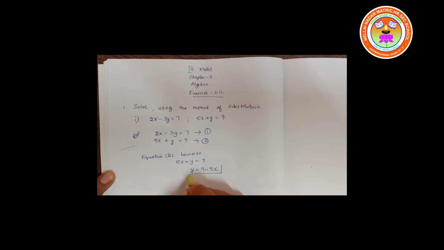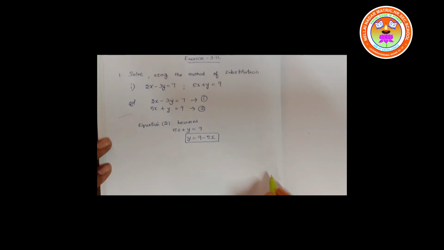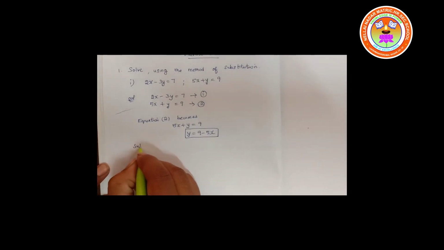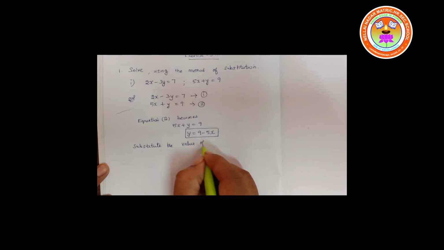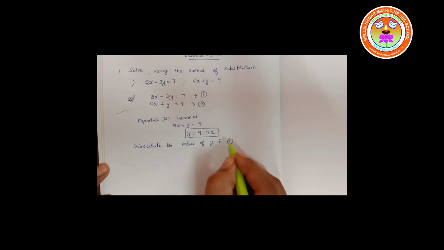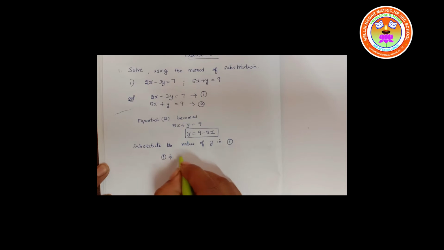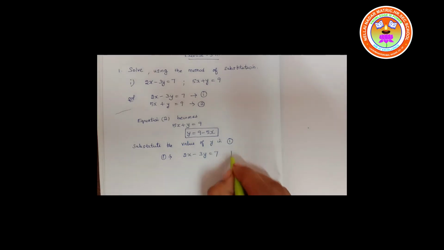Is it clear, children? Now substitute the value of y in equation 1. So the first equation is what? 2x minus 3y equal to 7. Now y equal to what? 9 minus 5x.